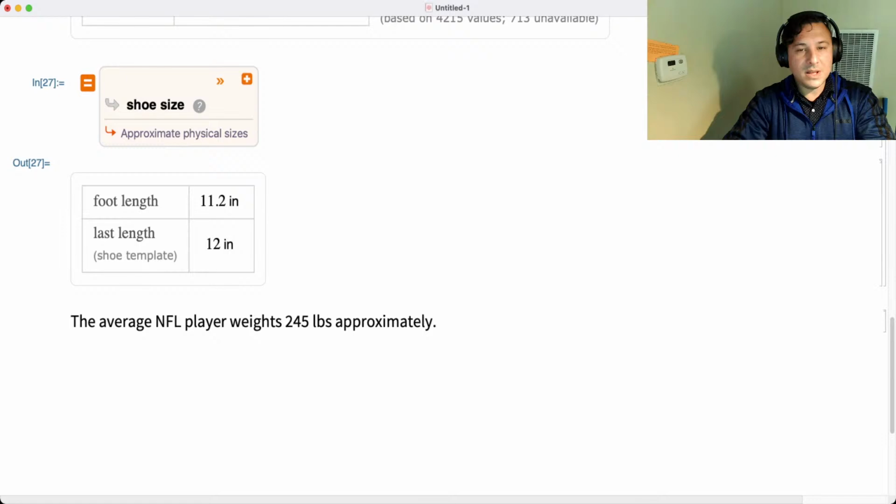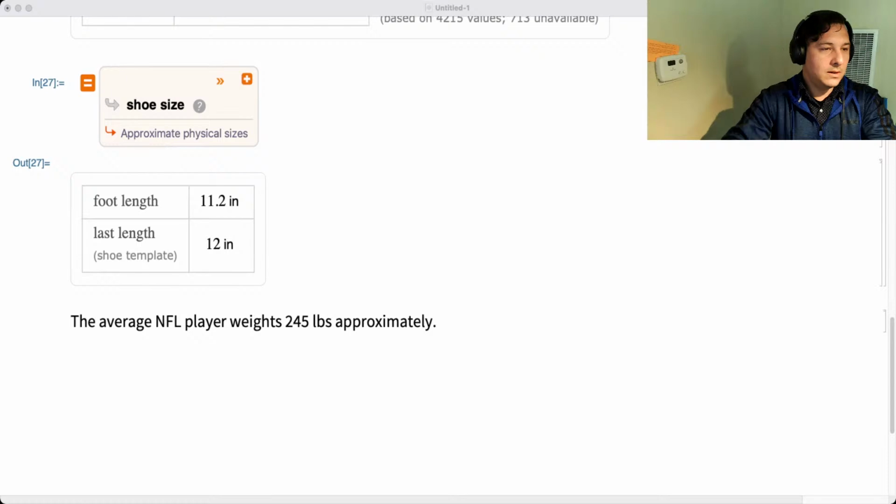Now let's look up the average weight for U.S. adult male. And what's the median standard deviation? Okay, I'm looking.